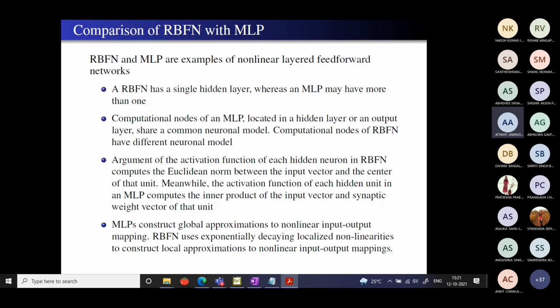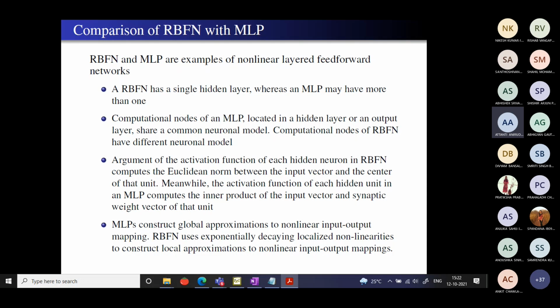MLP constructs a global approximation to the nonlinear input-output mapping. RBFN uses exponentially decaying localized nonlinearity. If you've seen the Gaussian or any other radial function, they have this property. When I say localized, remember we were talking about multi-quadrics, inverse multi-quadrics, and Gaussian.